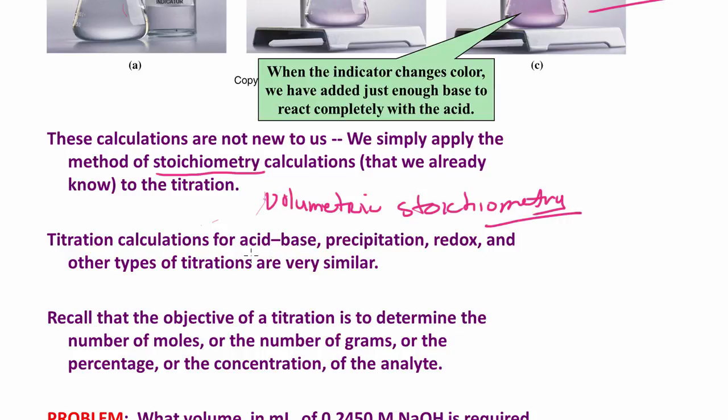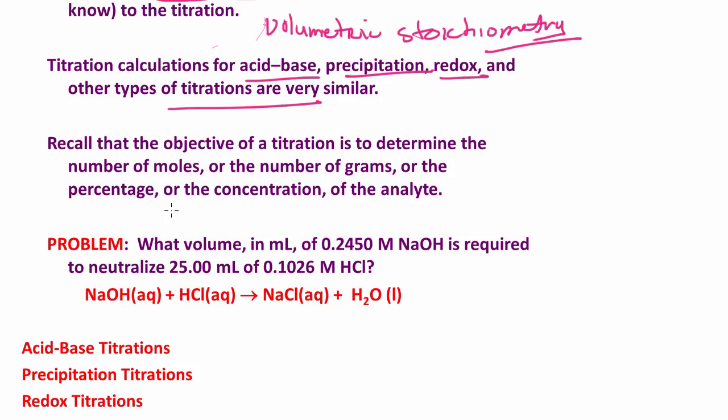Again, we can do these calculations for acid-base, precipitation, redox, and many other types of volumetric analysis. What you have to remember is that the objective of the titration is to determine the number of moles, the number of grams, the percentage or concentration of the analyte. This is the substance that you need to determine the concentration of.